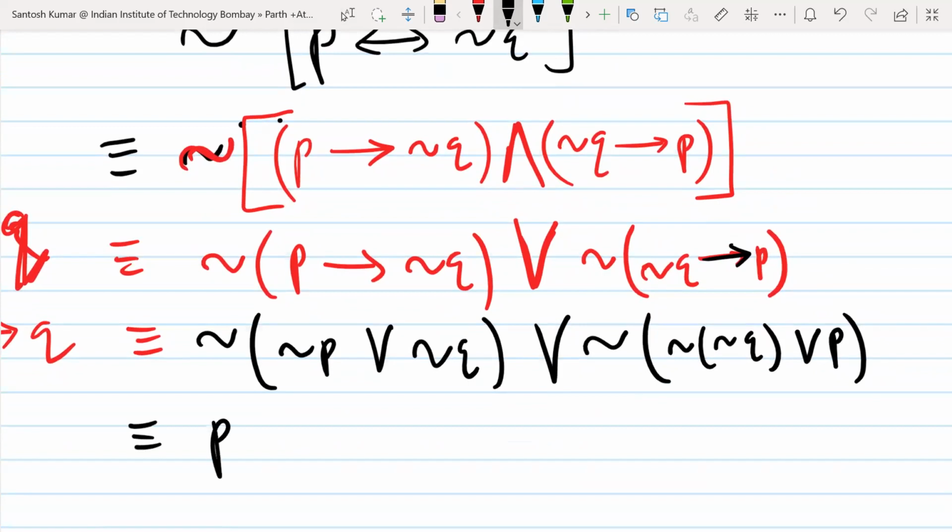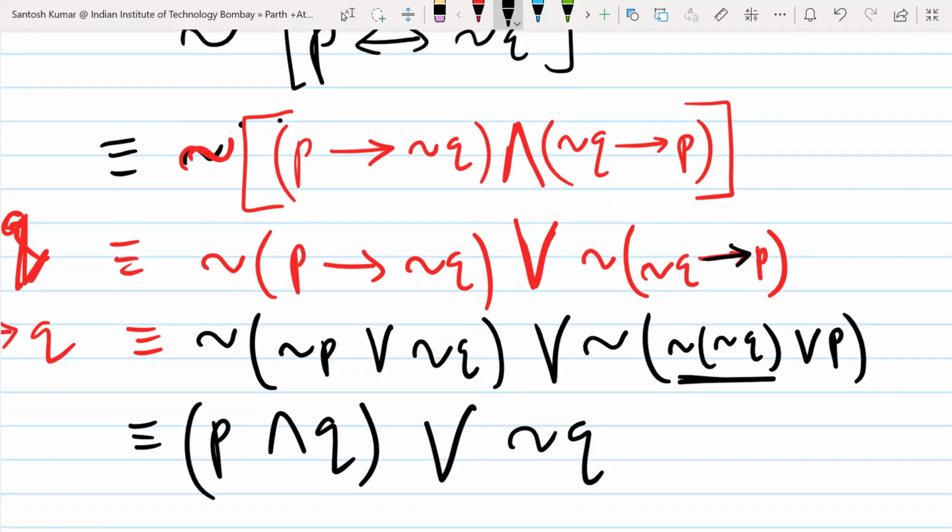Negation of negation P is P, or will become and, and negation of negation Q will become Q. This is as it is. Now keep this negation inside, so the two negations cancel and one negation is outside. So this is negation Q, and or will become and, negation P.